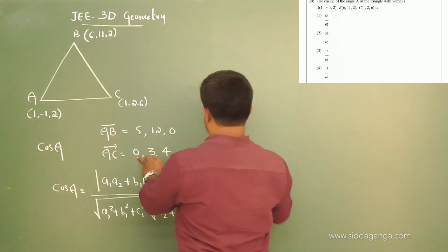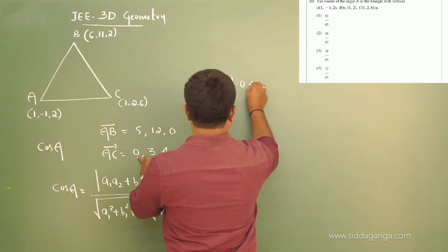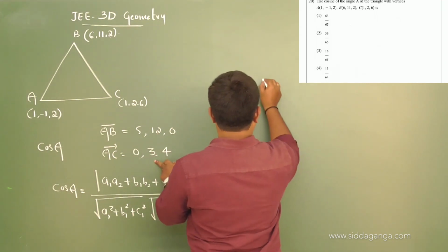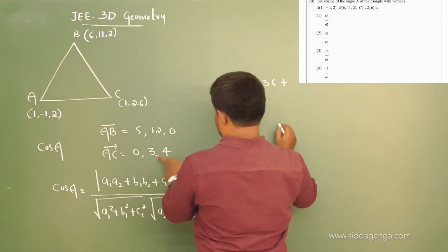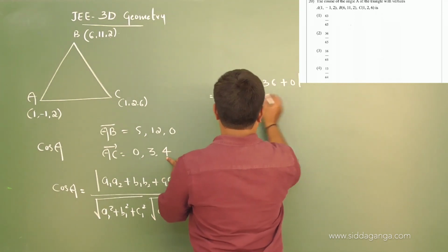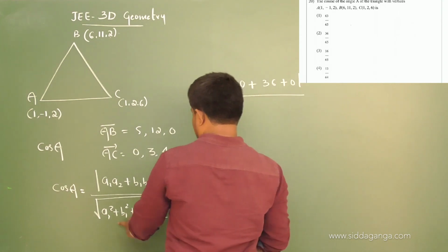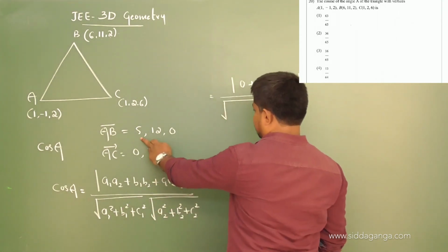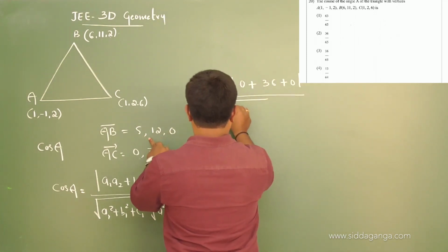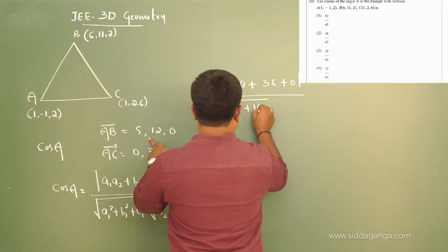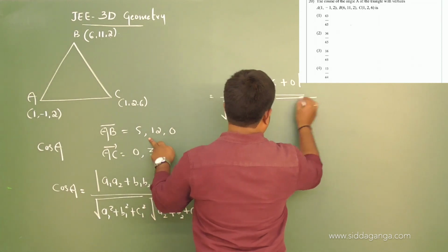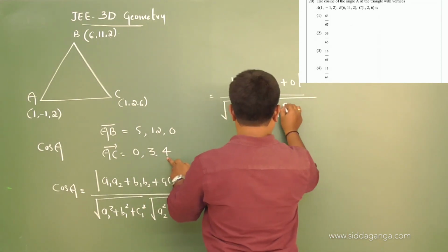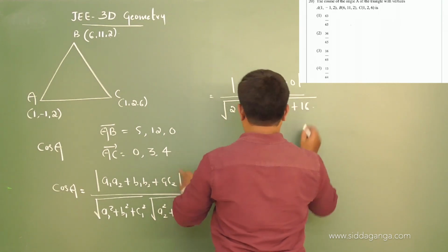So a1 a2 is 0, plus b1 b2 is 36, plus 0, the whole divided by root of a1 square plus b1 square plus c1 square, that is 5 square plus 12 square plus 0 square, so you get 25 plus 144 plus 0, into 0 square plus 3 square plus 4 square, so you get 9 plus 16.